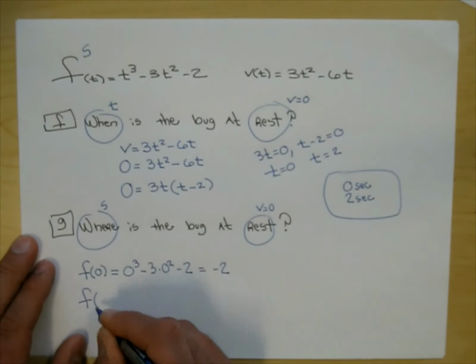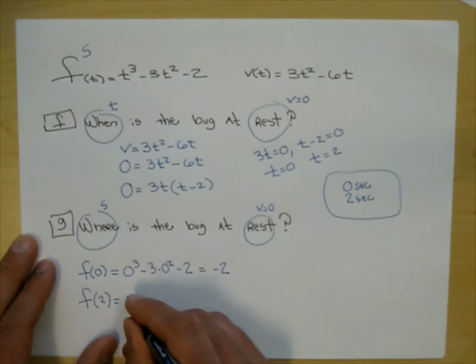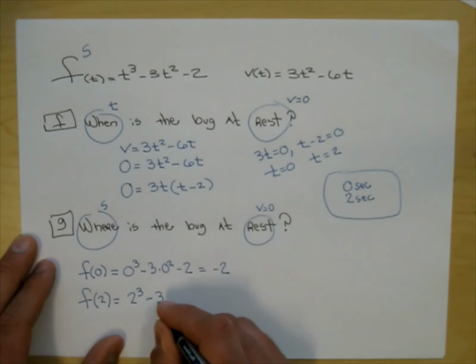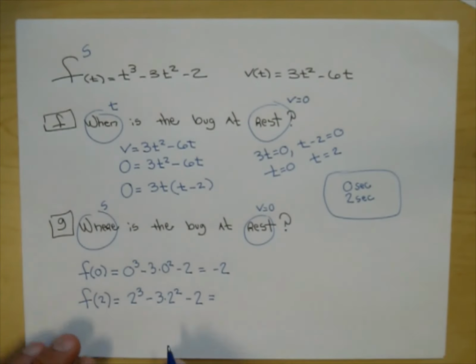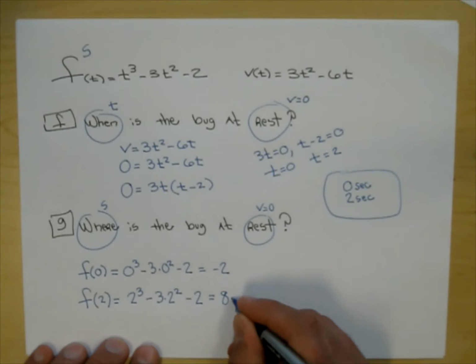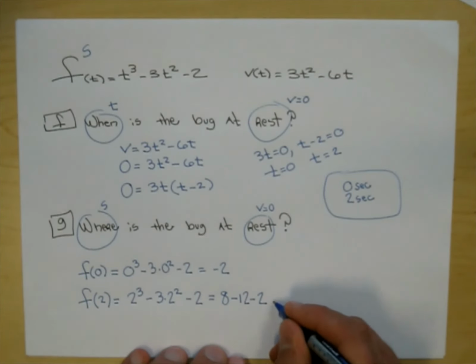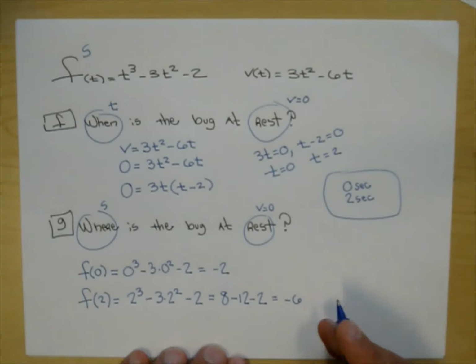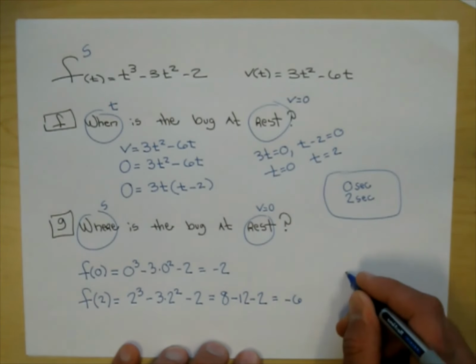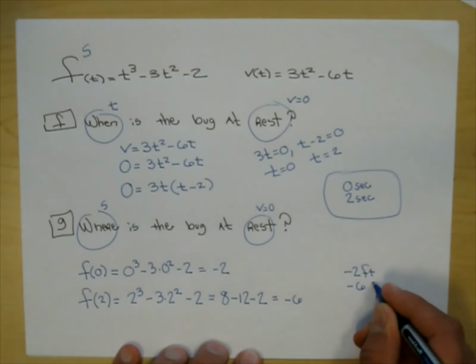And F of 2 is 2 cubed minus 3 times 2 squared minus 2, so this is 8 minus 12 minus 2, which gives me negative 6. So where does the bug have velocity 0? That would be at negative 2 feet and negative 6 feet.